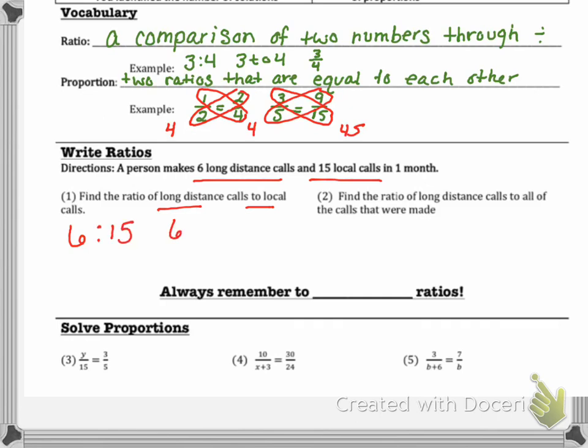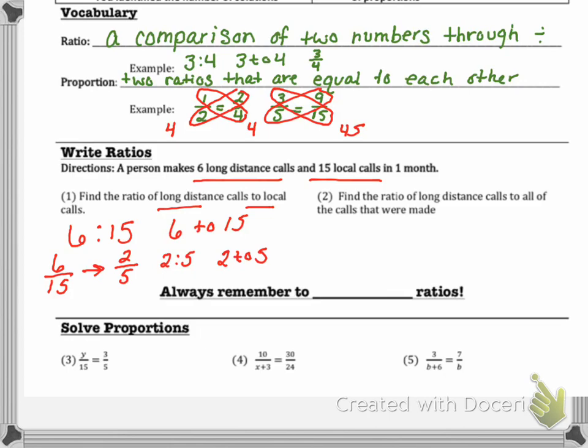I could write 6 to 15, or I can write 6 over 15. Now you have to be careful because I can reduce this just like a fraction. They're both divisible by 3, which makes it 2 over 5, or 2 colon 5, or 2 to 5.